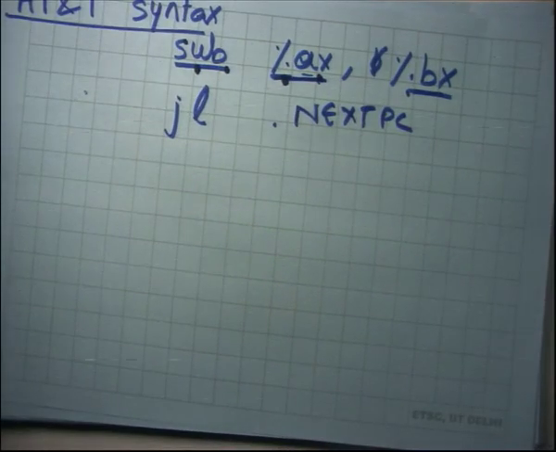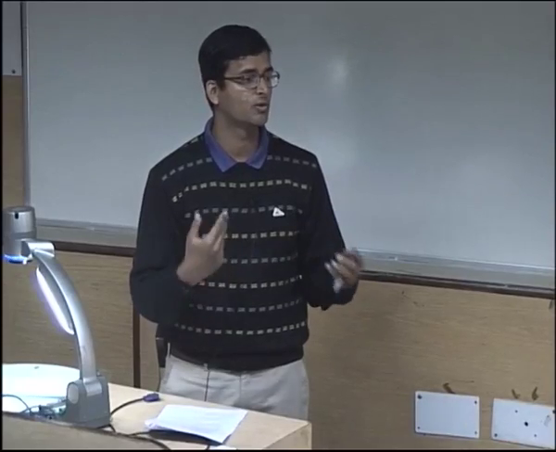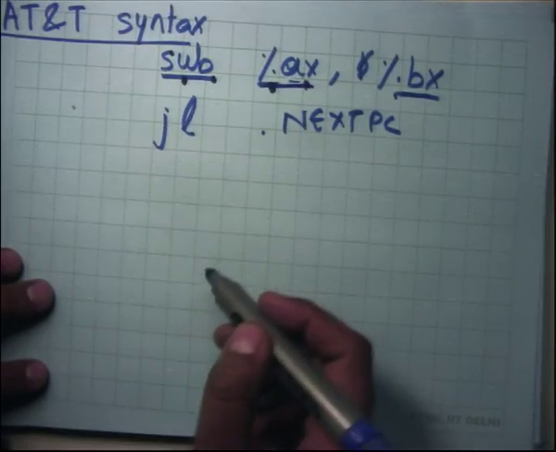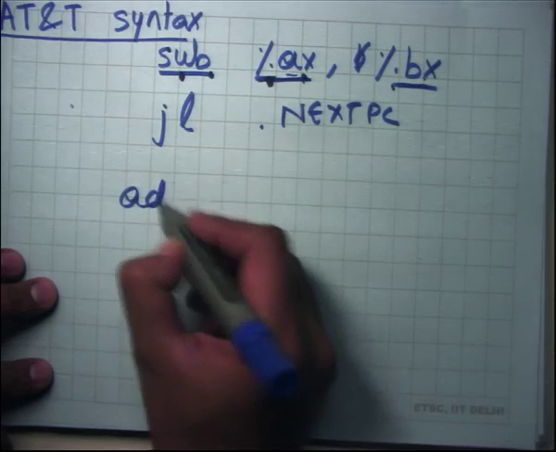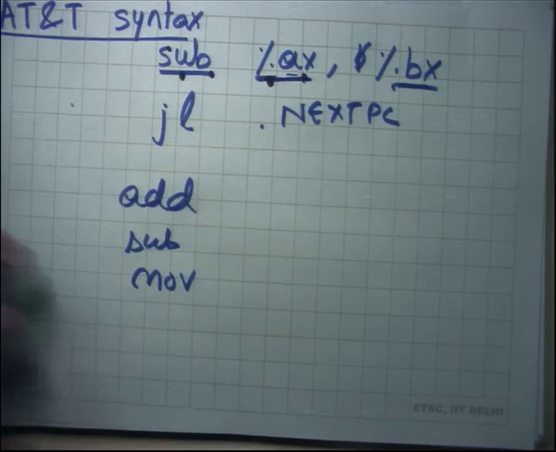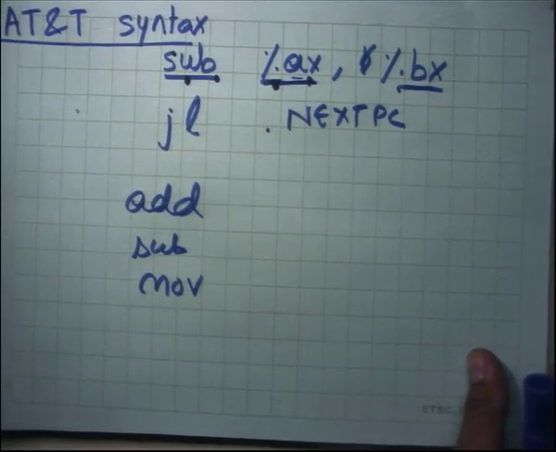So these conditional jump instructions are a way to read the flags register, and these arithmetic instructions are a way to write the flags register. Software cannot just directly read or write the flags register. These are the only two ways to read and write the flags register. There are other instructions like add, subtract, move, etc. that do the usual thing of what their name suggests.